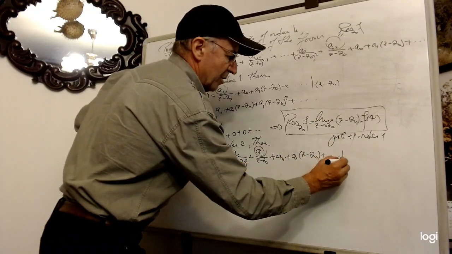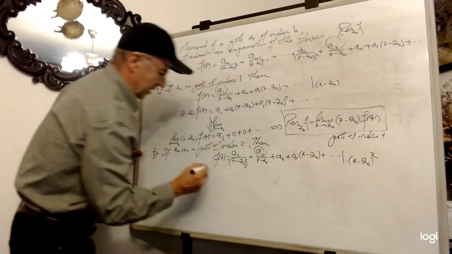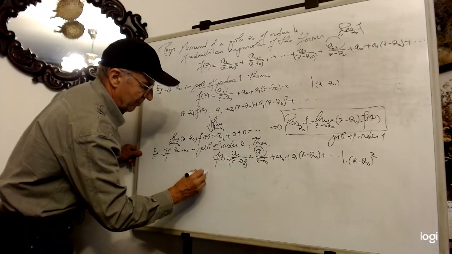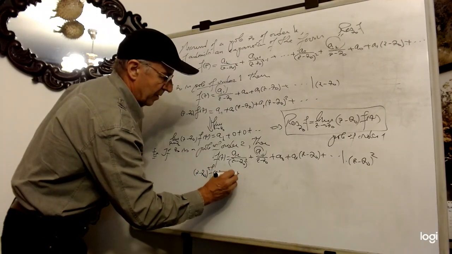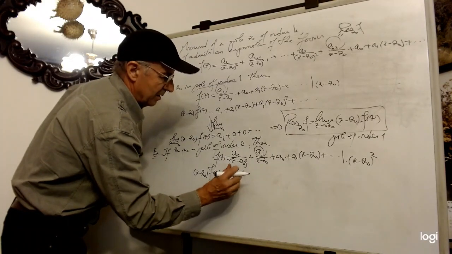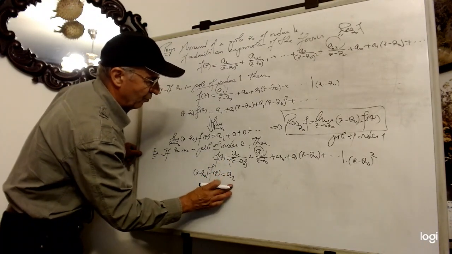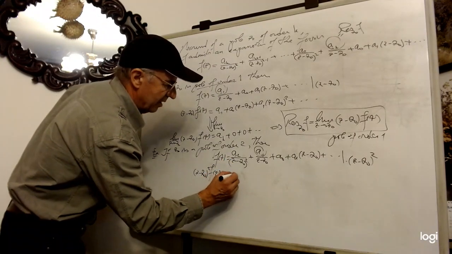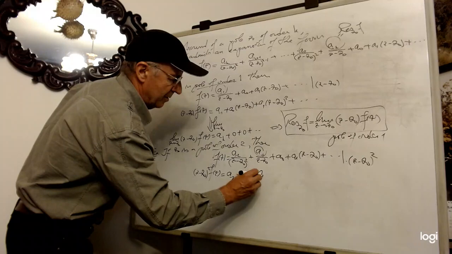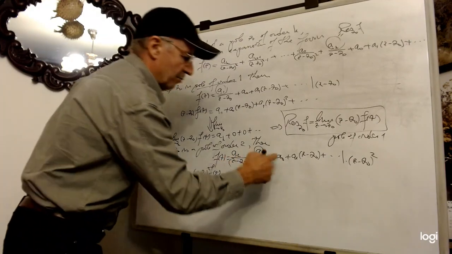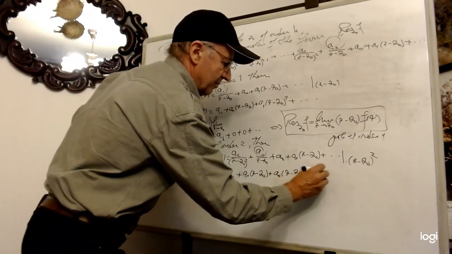In this case, we multiply by (z - z0)^2, and we get (z - z0)^2 f(z) = a_{-2} + a_{-1}(z - z0) + a0(z - z0)^2 + and so on.